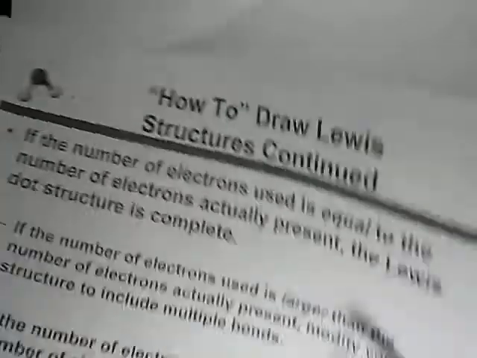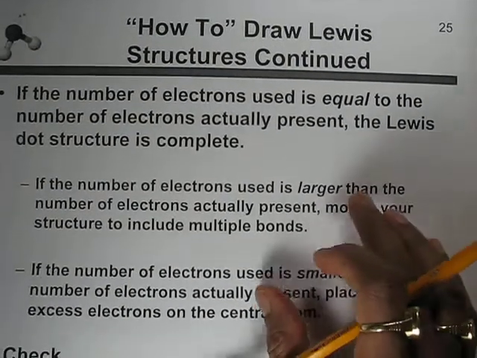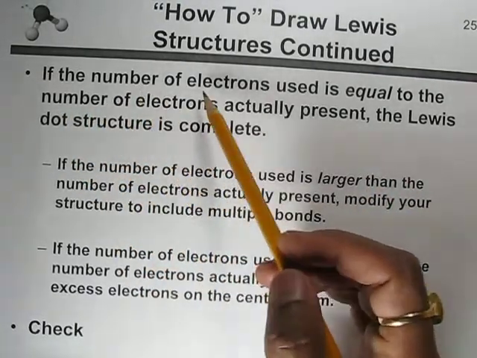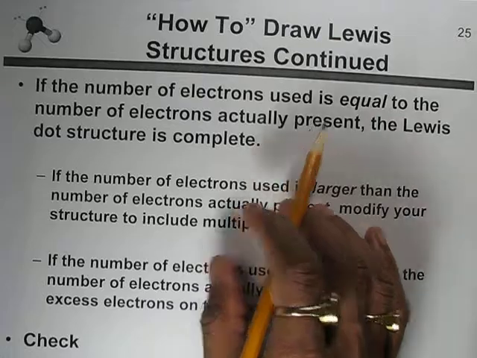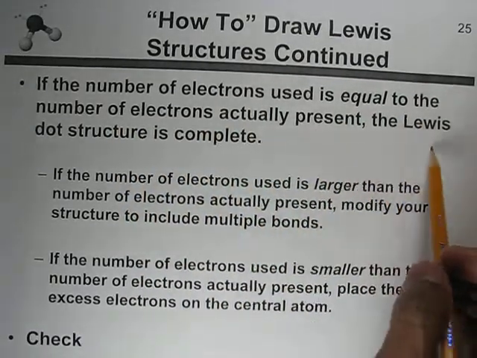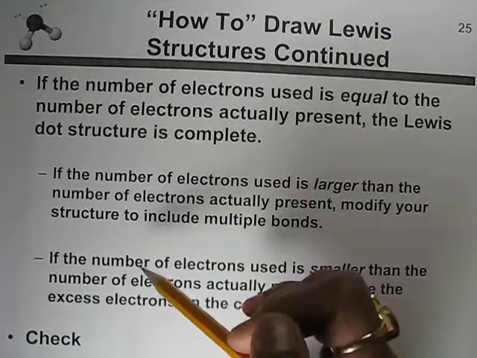In continuation of the Lewis dot structure rules, there are a few more. If the number of electrons used is equal to the number of electrons actually present, the Lewis dot structure is complete.